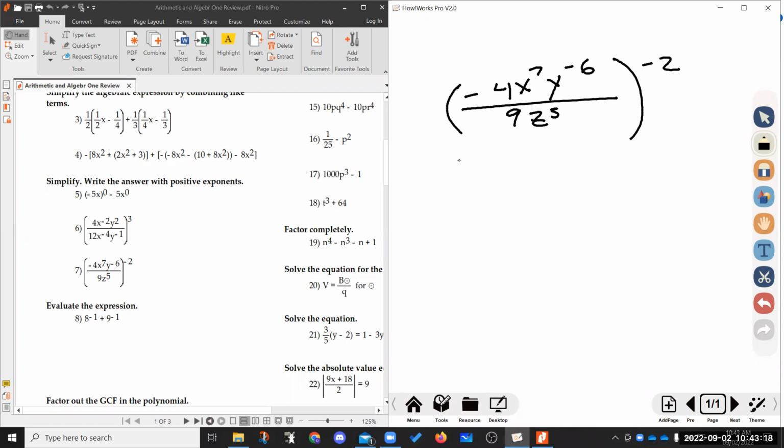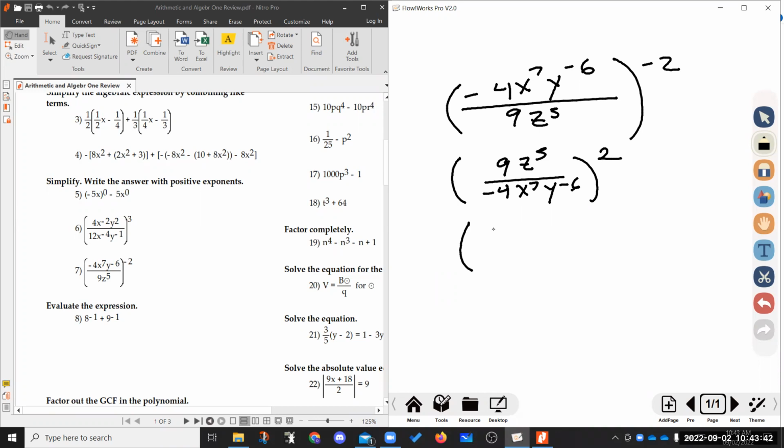One of the ways I'm going to take care of that is that I'm going to let the negative make me take the reciprocal on the inside. The numerator becomes the denominator and the denominator becomes the numerator. Now I'm ready to square everything on the inside.